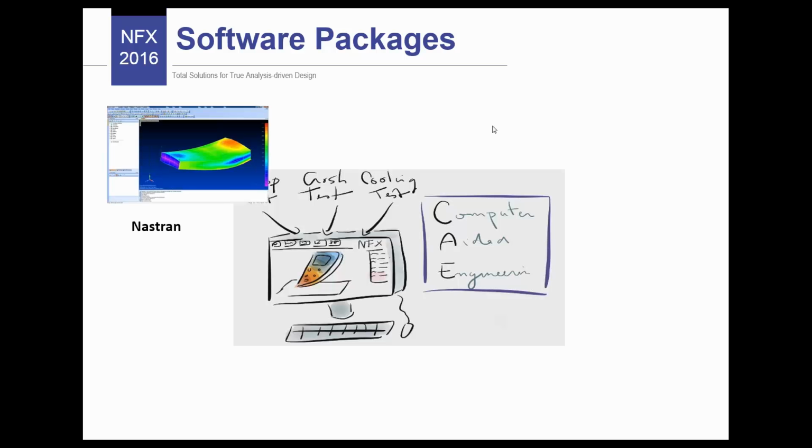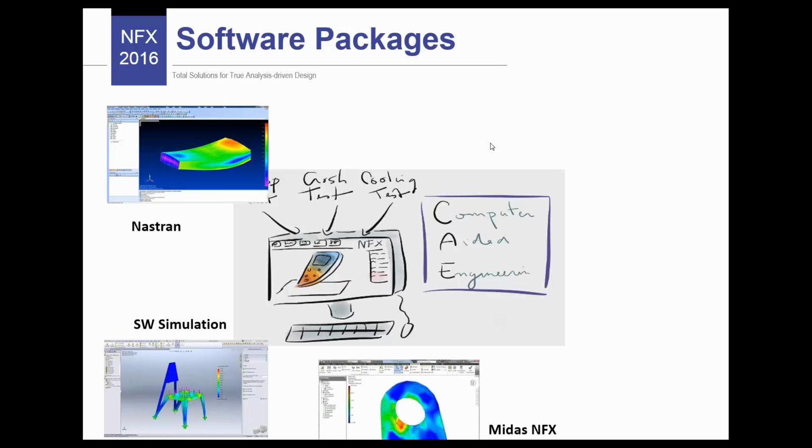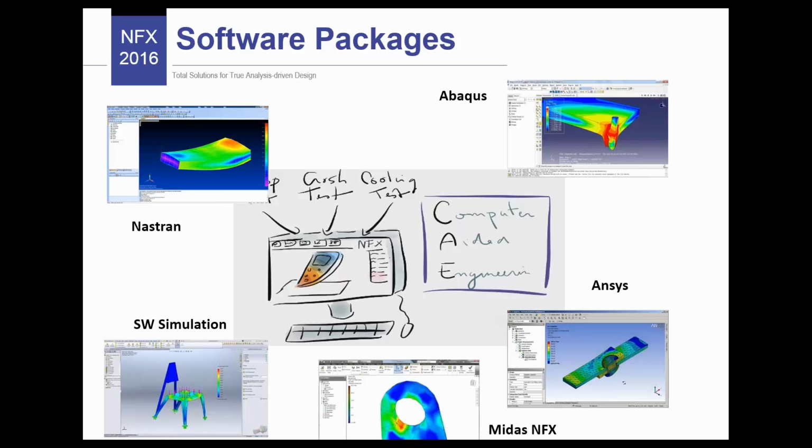And then you discover one software, maybe Nastran, and then you discover another one, and another one, and another one, and there's so many things that you could learn about FEA, because this is something that is on the market for so many years that people had the time to implement a lot of features, a lot of needs from all the industries. So generally these software are quite complex.